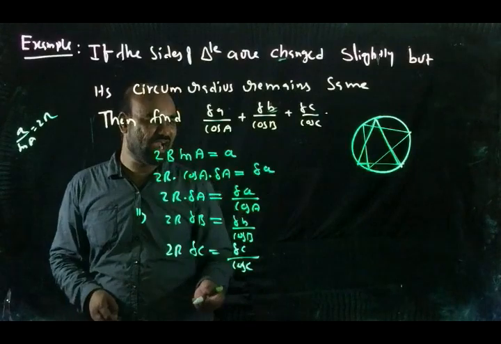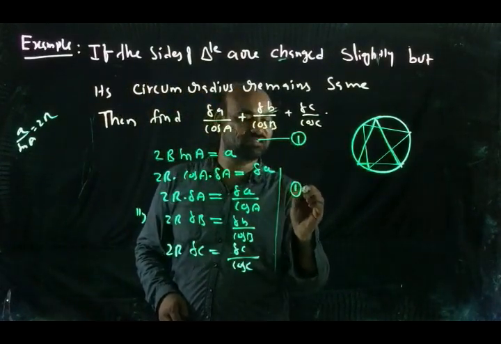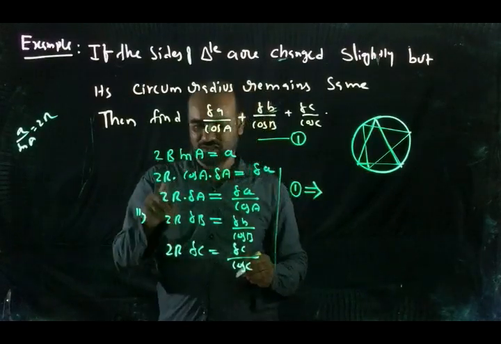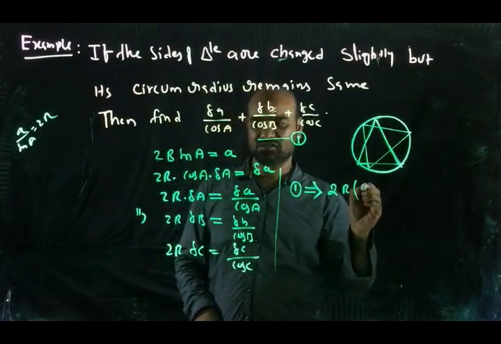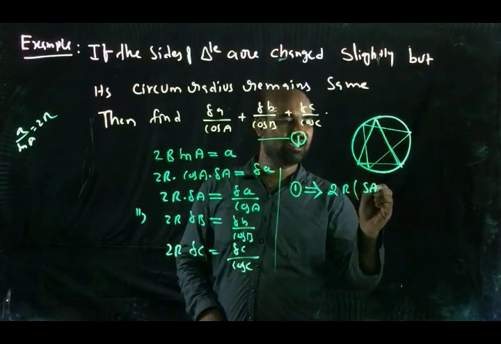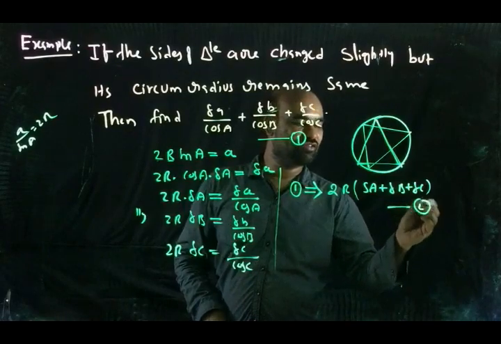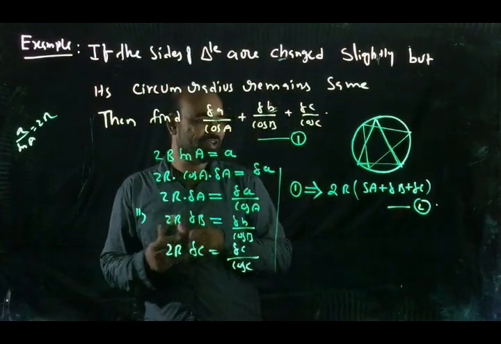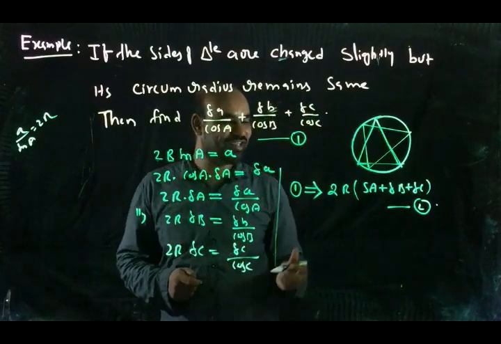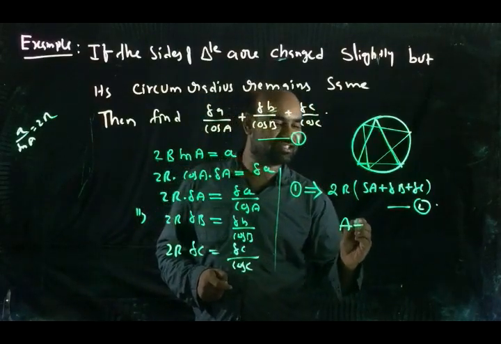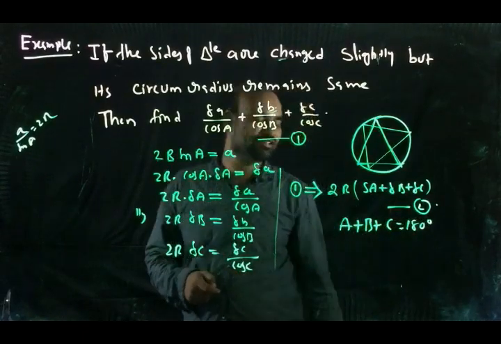We want to add all these. Let it be 1. Adding these, 2R is taken common. So what we will get here: delta A plus delta B plus delta C. This value I want. The important thing is capital A, capital B, capital C are varying, but the summation is always constant. Triangle, no? That is equal to 180 degrees only.